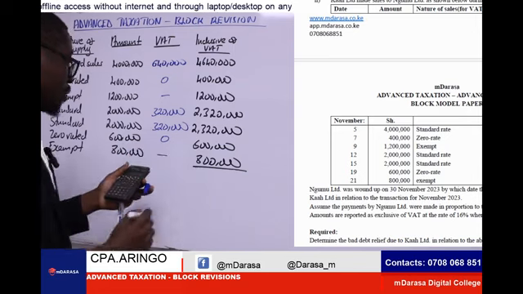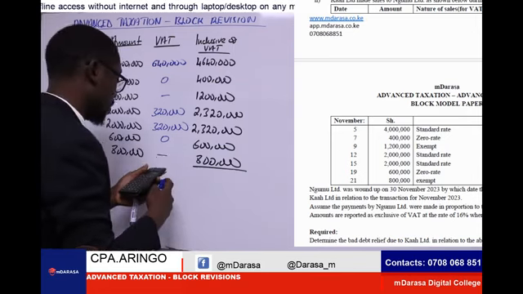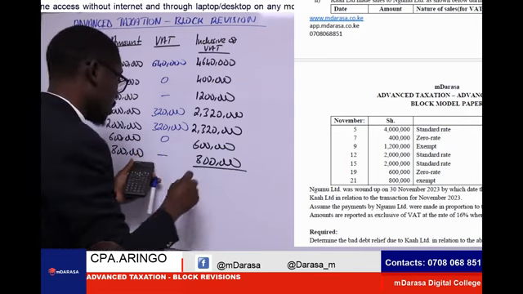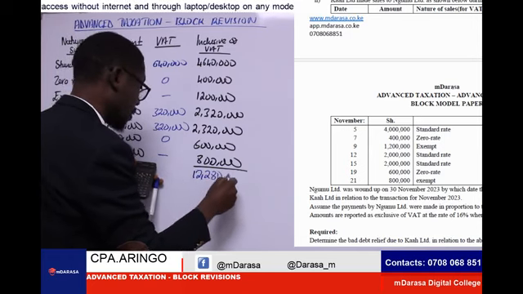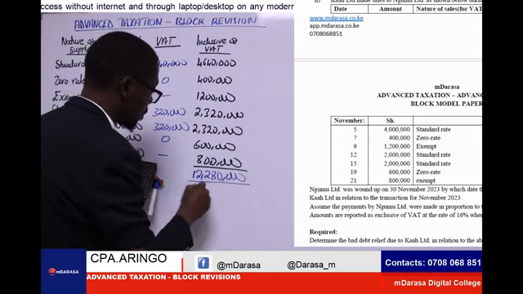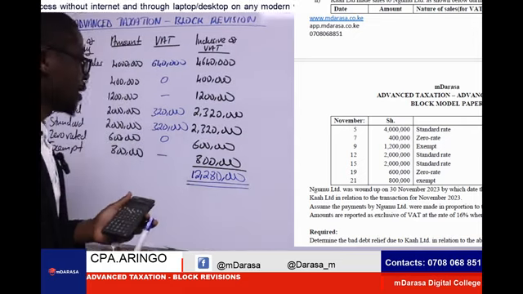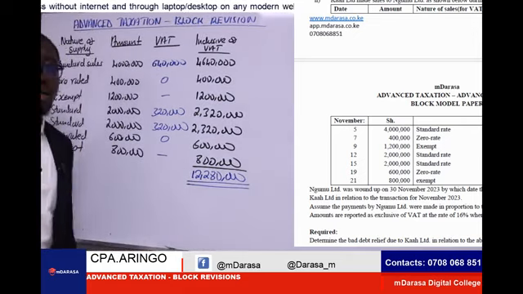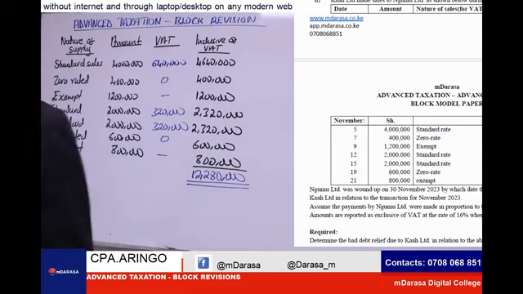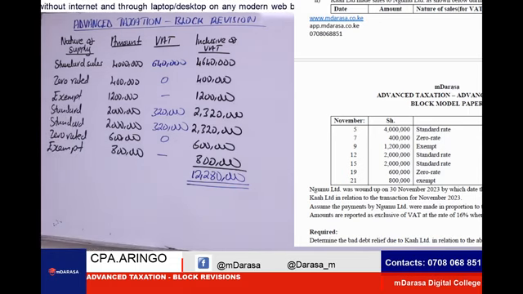So at the end of the day, Mwalimu here is getting a total of 12,280,000. So this is the amount that our debtor was owing us, the total amount that our debtor was owing us. But we are told this person didn't pay the whole amount.